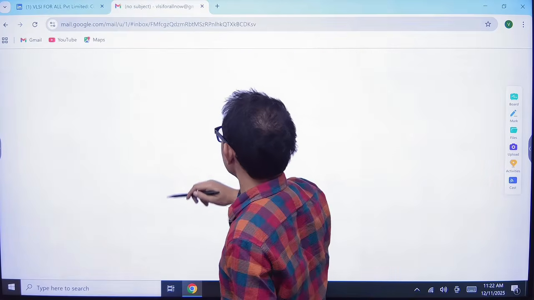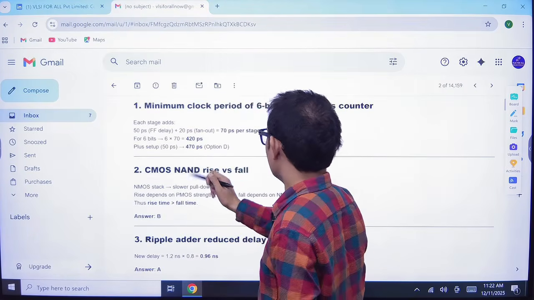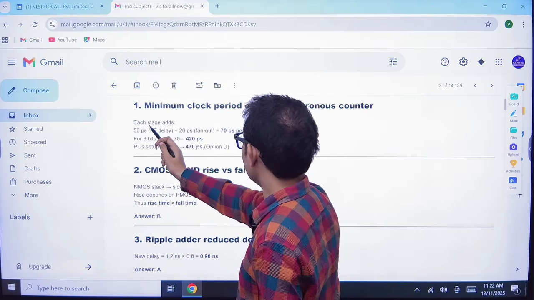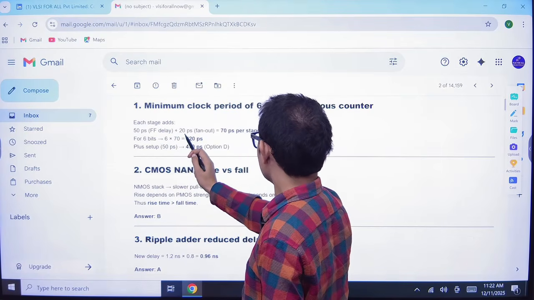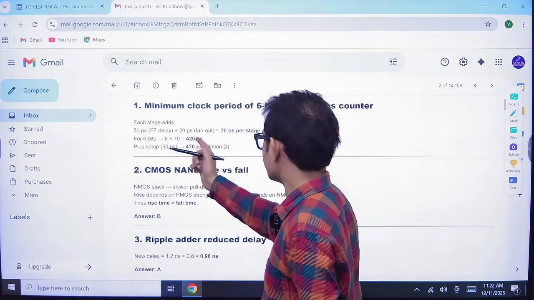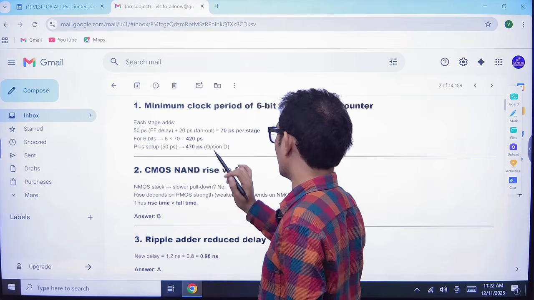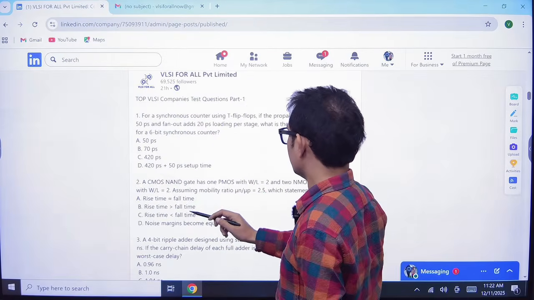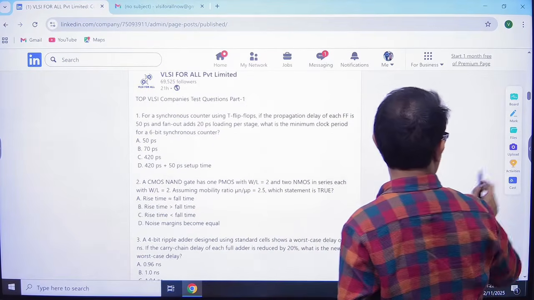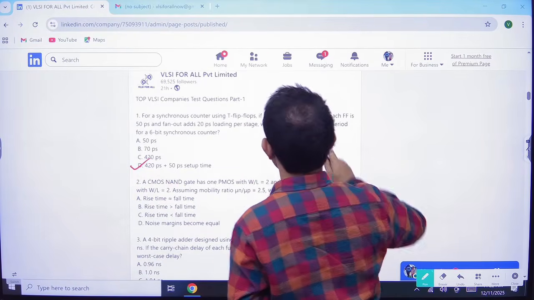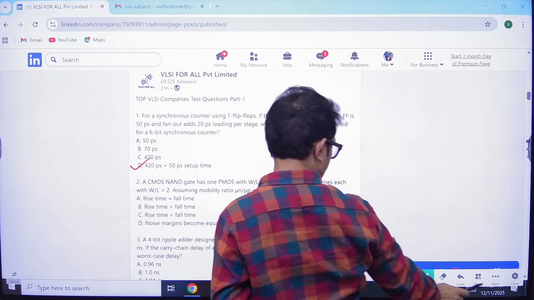The answer of this is: each stage adds 50 plus 20, so it's 70 per stage, times 6, plus setup time. So the total answer is D. You can see the solution here also.